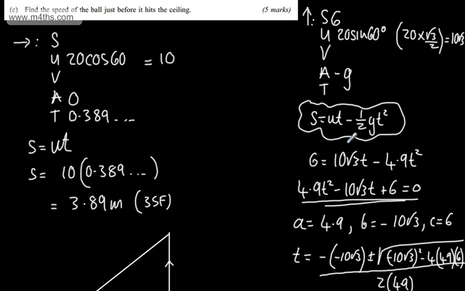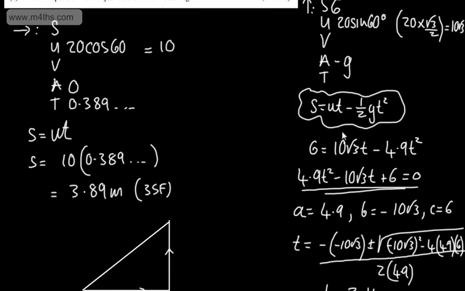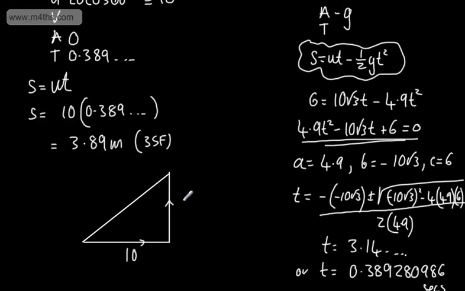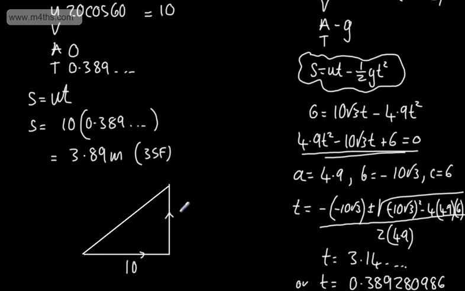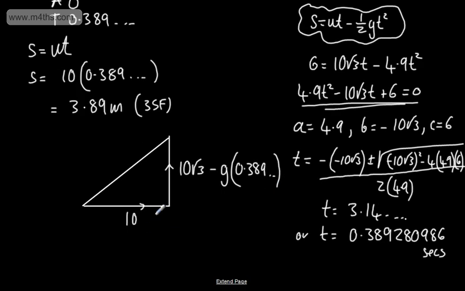Using now the vertical motion, V is equal to U plus AT, we can say now that this one is going to be 10 root 3. So V is equal to U. Remember, this is U. Then we're going to have minus G multiplied by this time of 0.389... and so on and so forth. So all I need to do at this stage is use Pythagoras, and we can find the resultant just here.